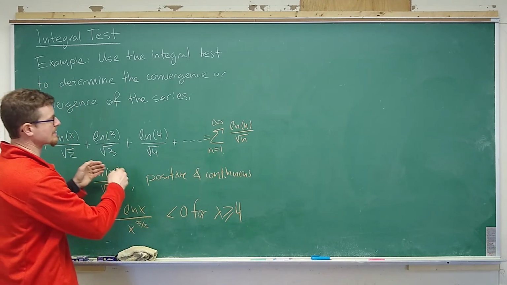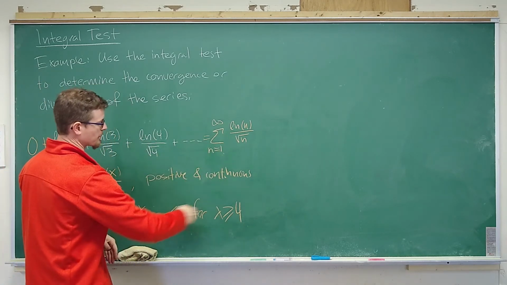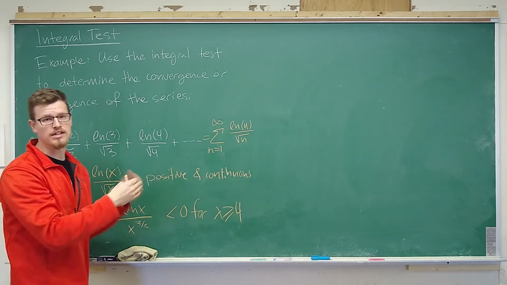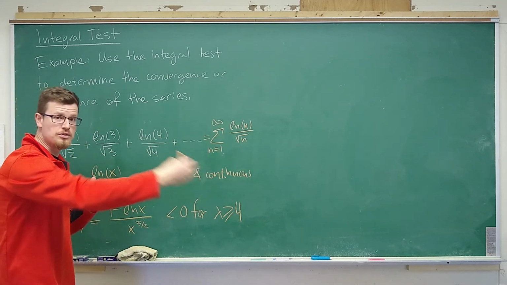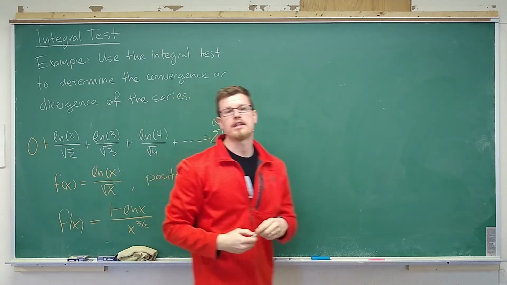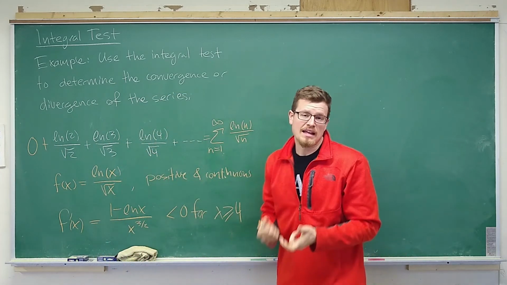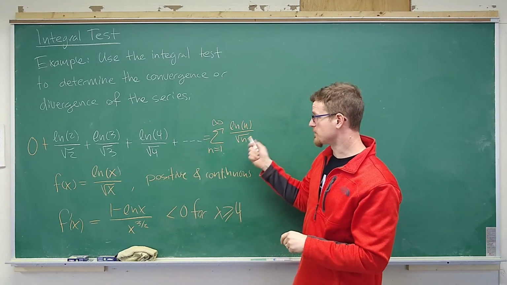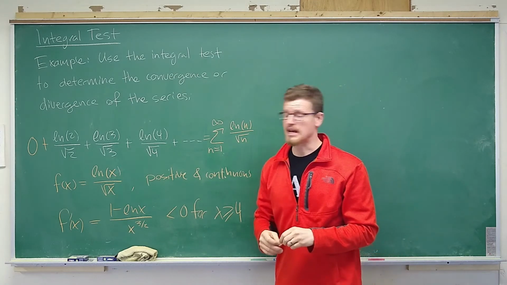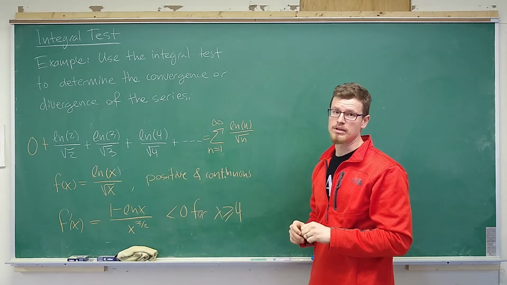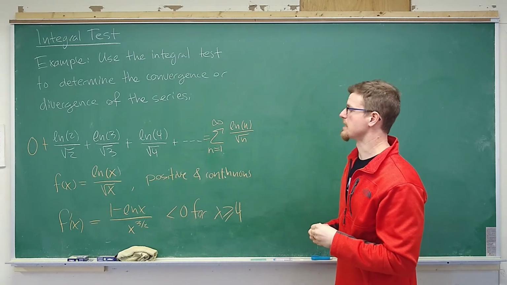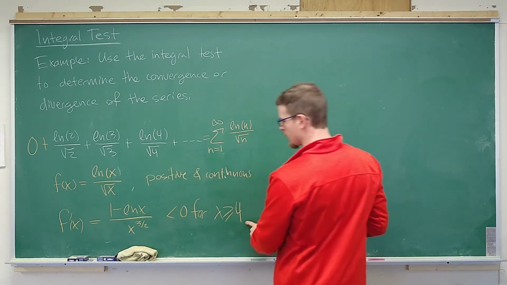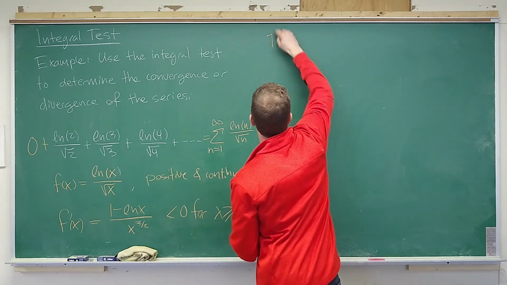So all I need is that eventually this function is decreasing, and once it is, we start there and use that integral. An important thing about the integral test is that it doesn't actually tell us what the sum is. It does not tell us the sum, it only tells us convergence or divergence. All right, so that's okay.